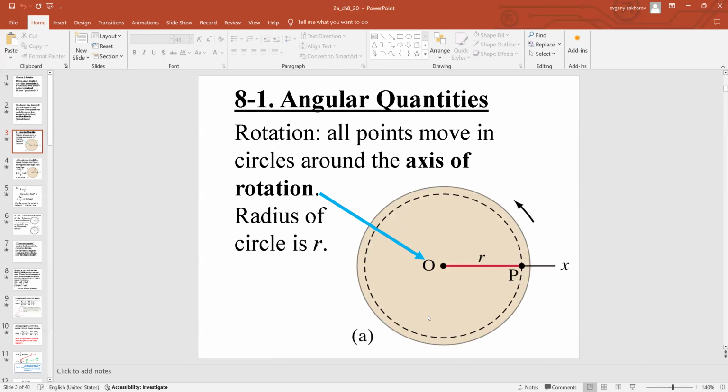So let's start with basic quantities. Remember, we did position, and then the change in position was displacement. So first of all, we have to define the axis of rotation because this is going to be your main parameter for rotation. Because if it's rotation, say, with respect to the center of a sphere, that's going to be one type of rotation.